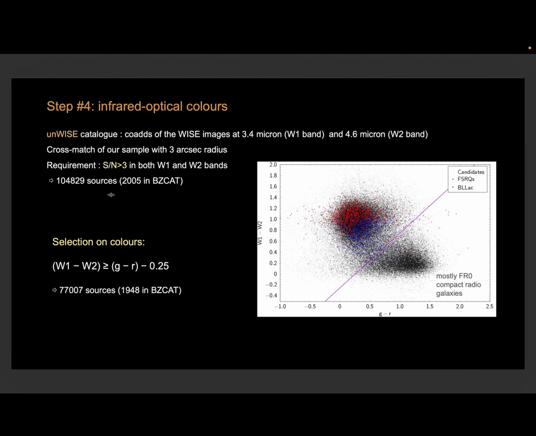And the BZCAT blazars are found in the upper left blob. So we discarded all objects in the lower blob, which are mostly low luminosity FR0 compact radio galaxies. But we are left with 77,000 objects, which is quite a lot.